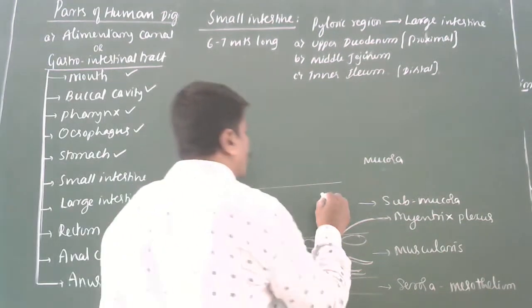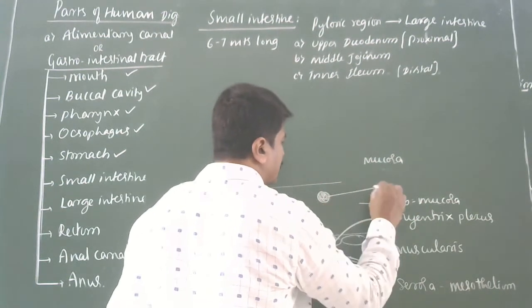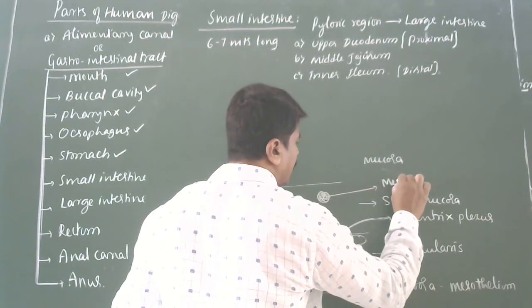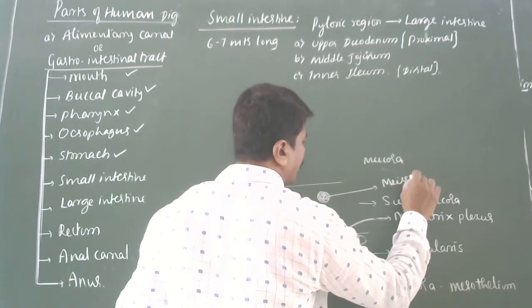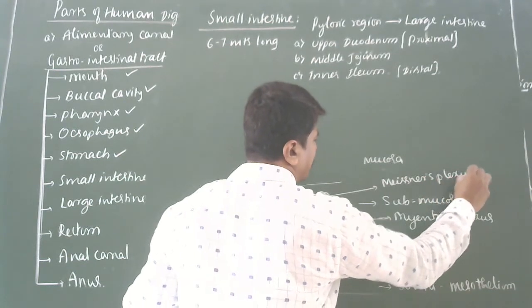That network of nerves present in the submucosa of the small intestine is called Meissner's plexus. Remember this.